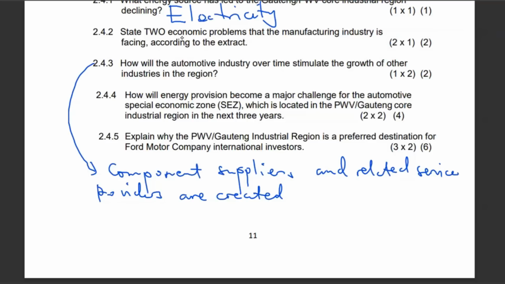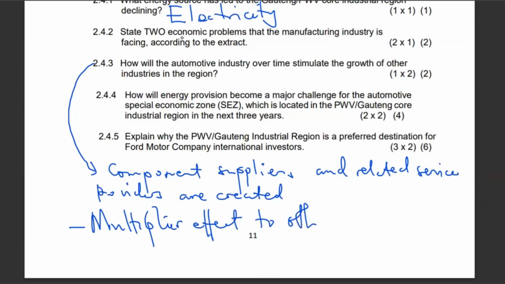other industries. And also we can talk of the multiplier effect. There's also a multiplier effect to other industries. With multiplier effect, we are saying there is multiplication that is going to happen.